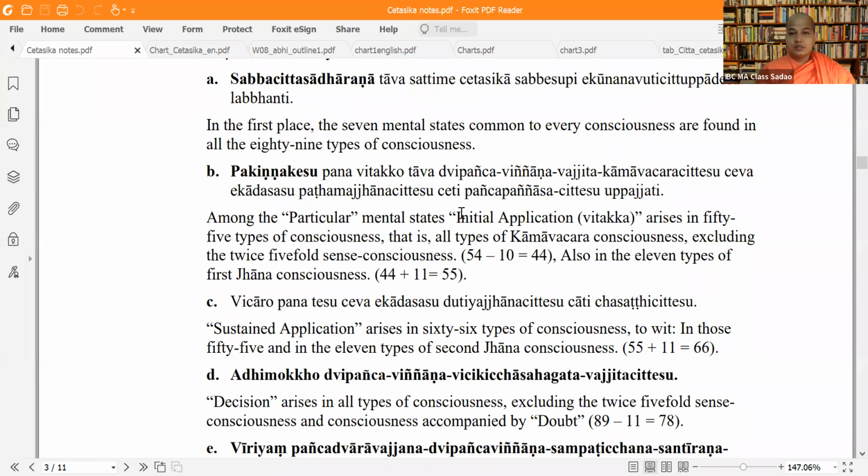Excluding the twice fivefold sense consciousness, it also appears in the 11 types of first jhana consciousness, in the jhana consciousness also. So there are 54 Kamavachara chitta. For that, you need to look at the list of Kamavachara chittas.